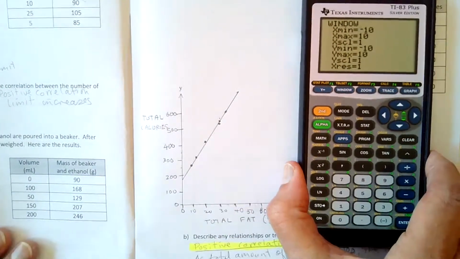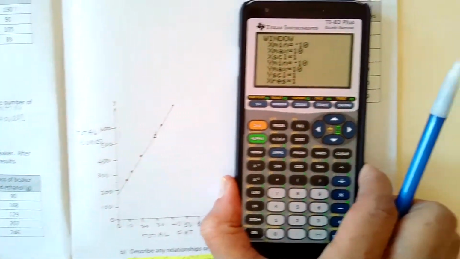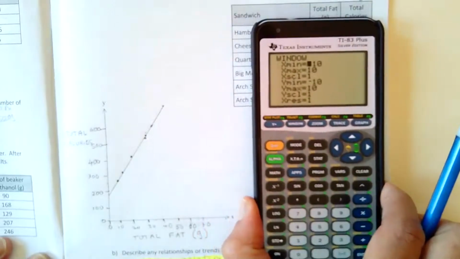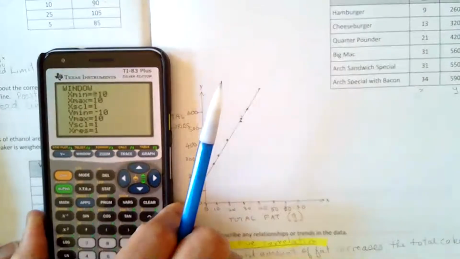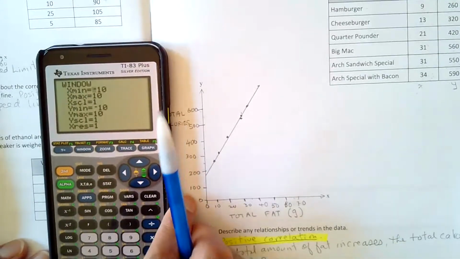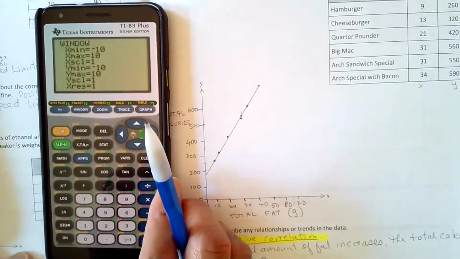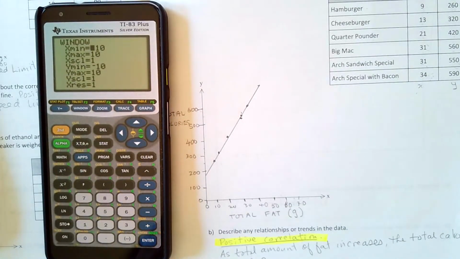Let's move it over here. So we'll make that 0 by pressing 0. That's all you have to do, and that removes it. So that is removed from the -10 to 0.